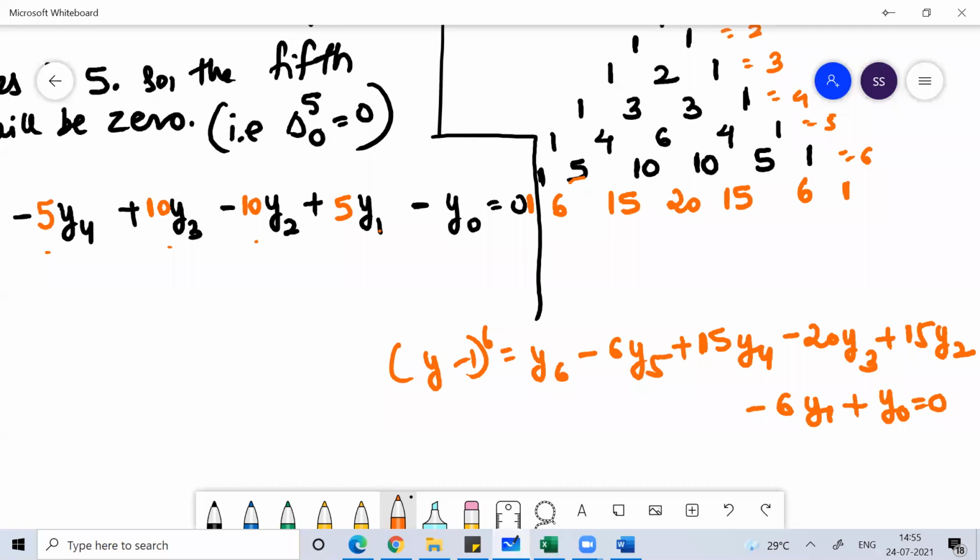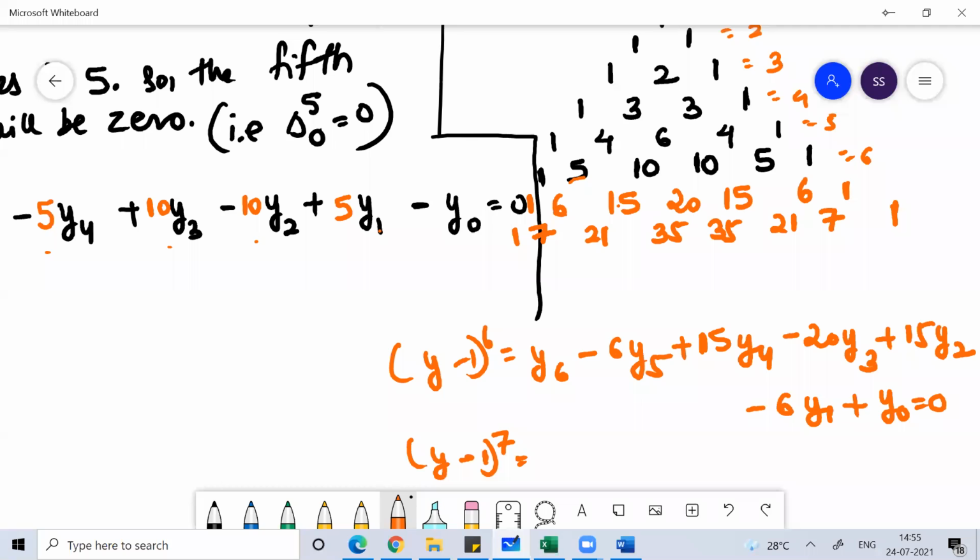Imagine if I ask you (E minus 1) to the power 7, then what will be the equation? Very simple: 1, 7, 21, 35, 35, 21, 7, 1.